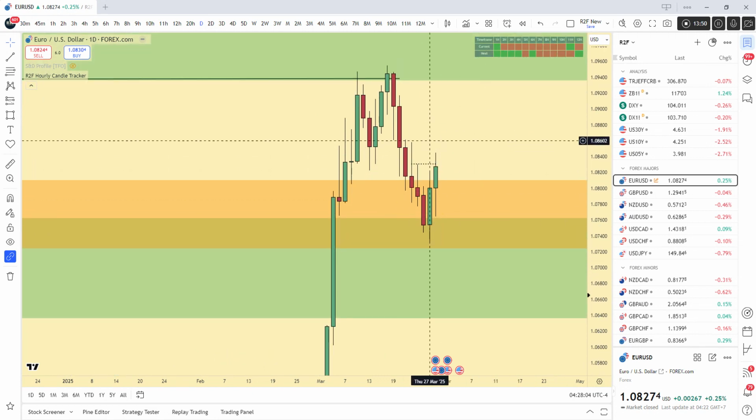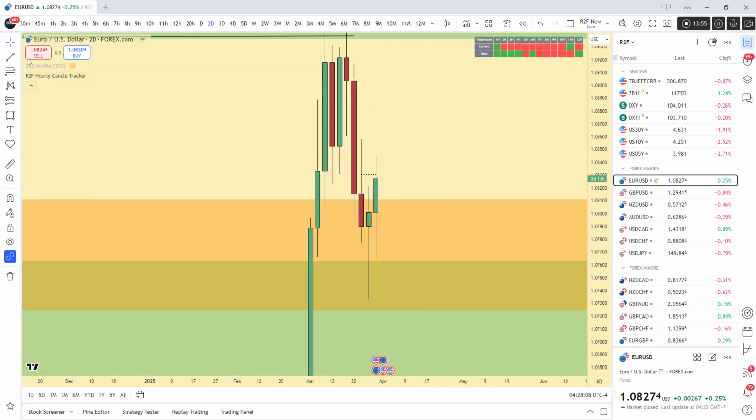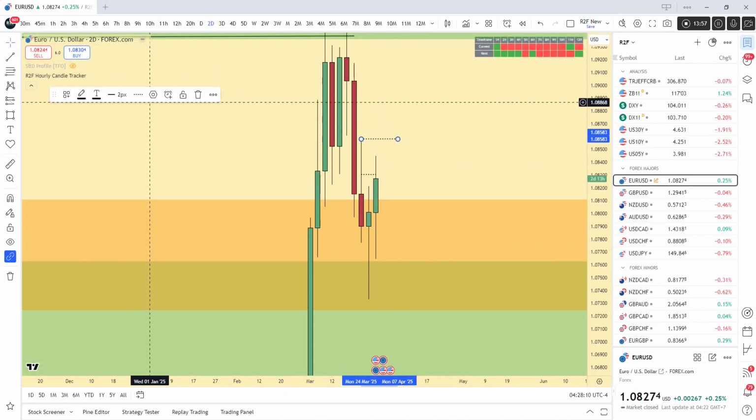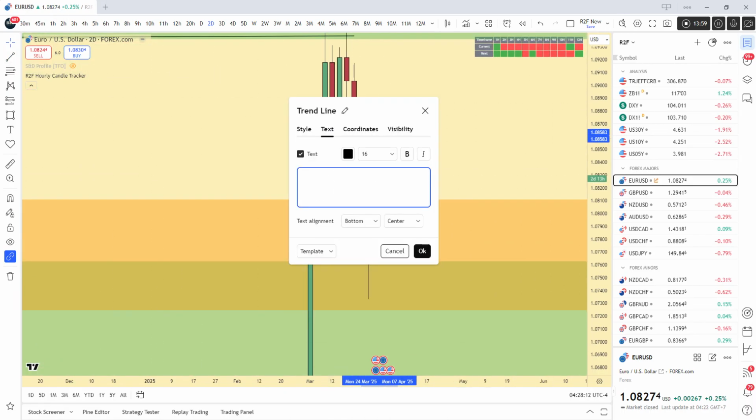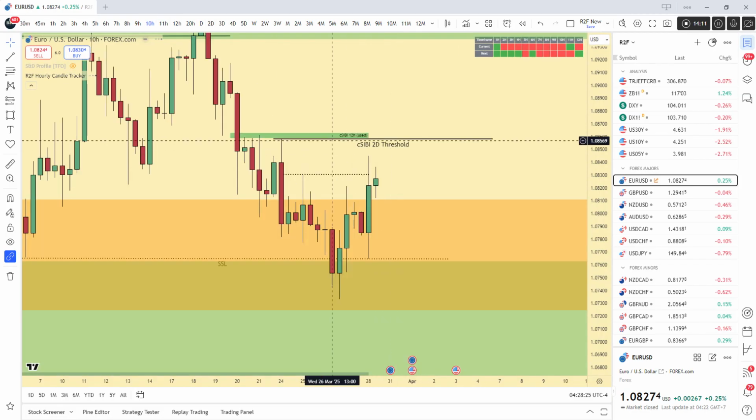Looks like it's going back up, but we may just come into this tiny 2-day gap here. Since it's small, I like to label it CCB 2-day threshold. Okay, I think we'll at least come into there.